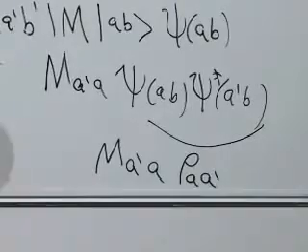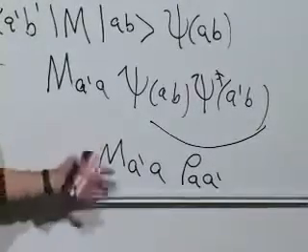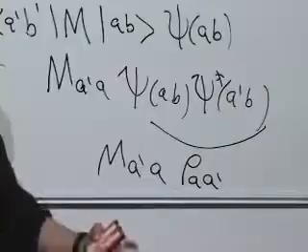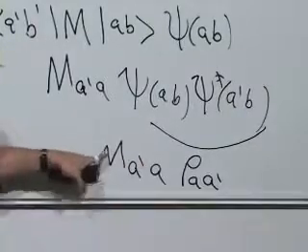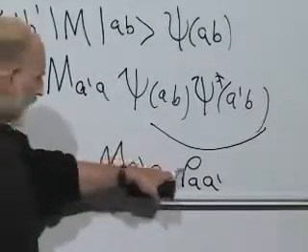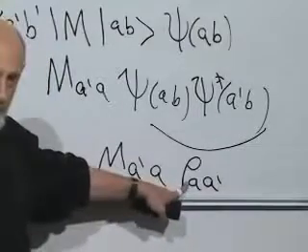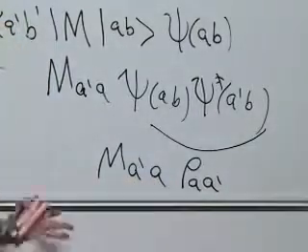This expression, in components, written in terms of matrix elements, is the trace of the product of M times rho. All right? Why is it the trace?